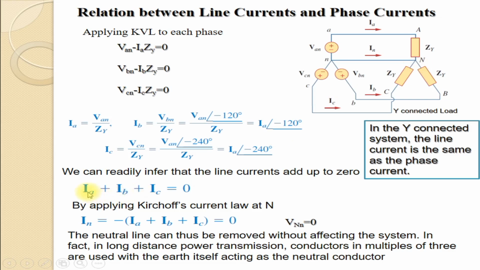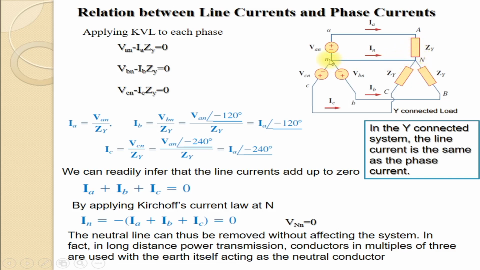We already have the relation IA plus IB plus IC is equal to 0. That means IN is equal to minus of IA plus IB plus IC, which will be equal to 0. That means the current from the neutral of the generator to the common point of the star connected load is 0.